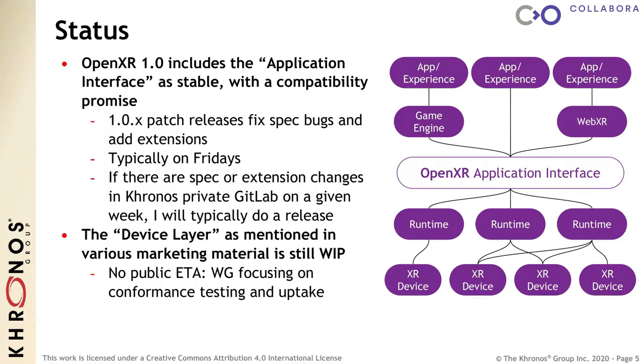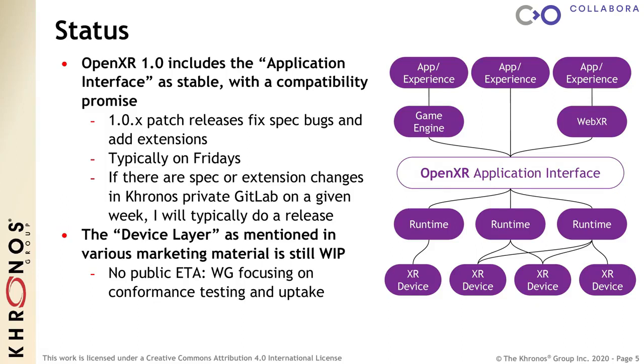As I mentioned, the 1.0 specification includes the interface to the application with a compatibility promise that comes with 1.0. So now is the time to start building applications on top of OpenXR. 1.0.x patch releases are minor changes that fix spec bugs or add extensions. These are typically released on Fridays.